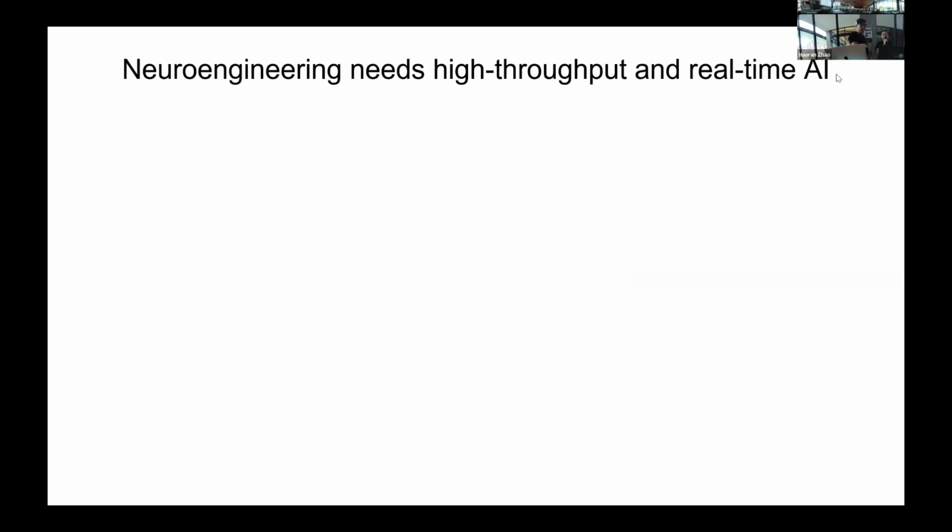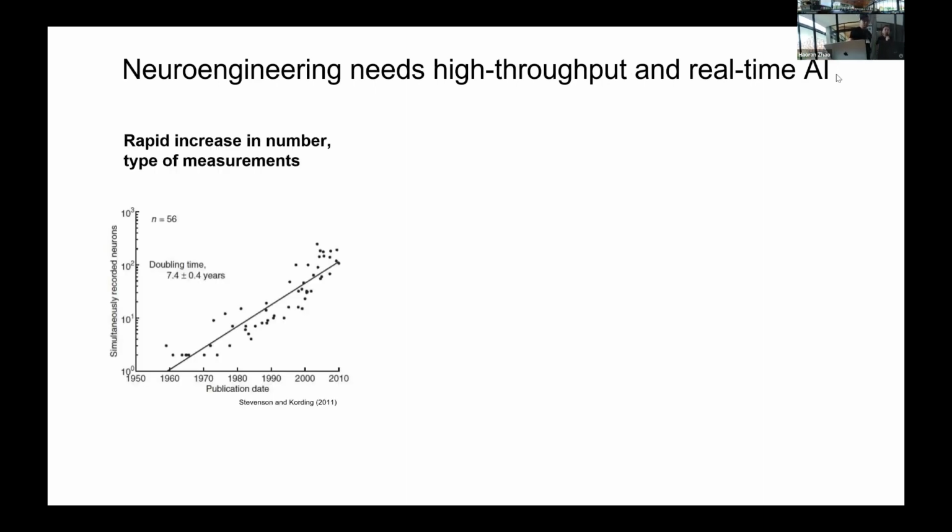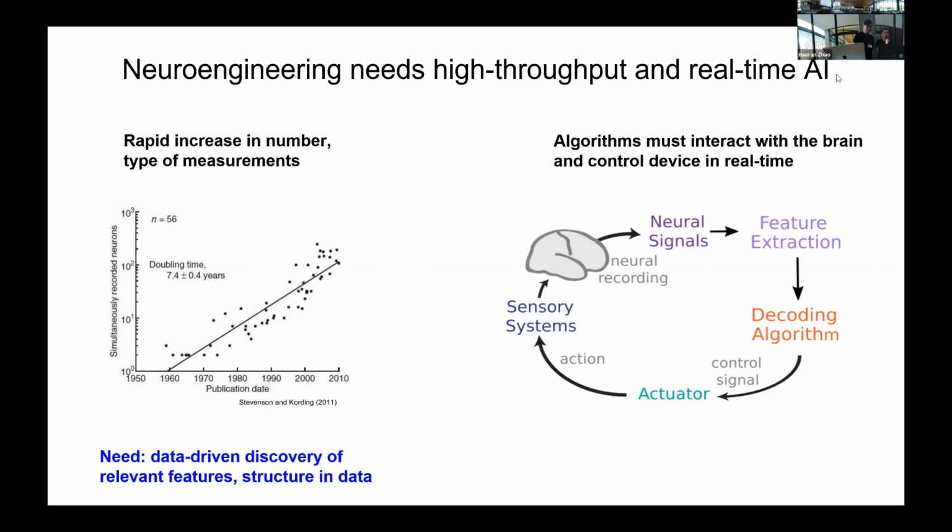We also need high throughput and real-time AI, which is where a lot of A3D3 comes in. We've had a rapid increase in the number and type of measurements over time. The y-axis is a log scale, so we've been increasing exponentially over time. We need data-driven discovery of relevant features and structure in the data so that we can minimize computational load and decrease latency, increase performance.